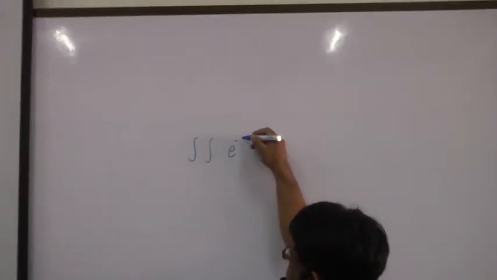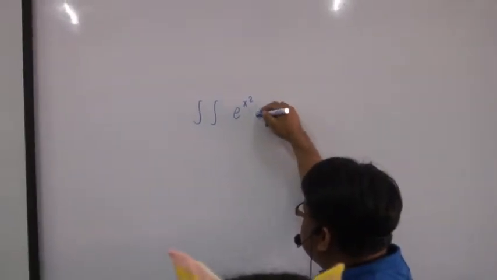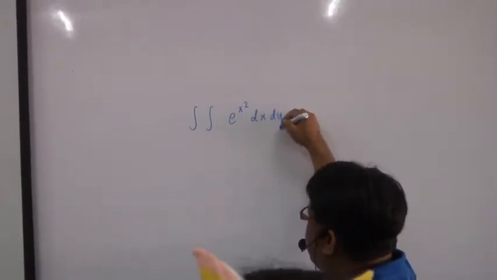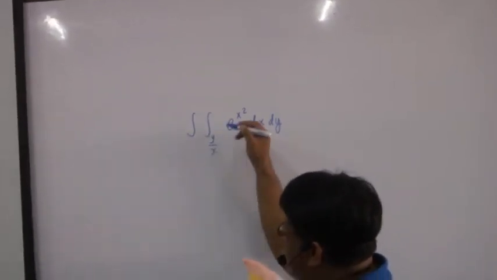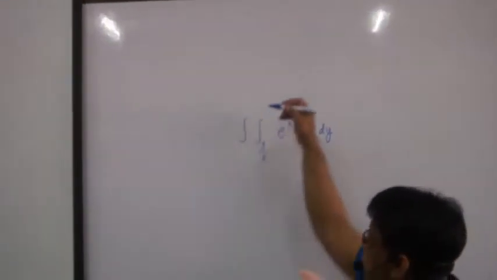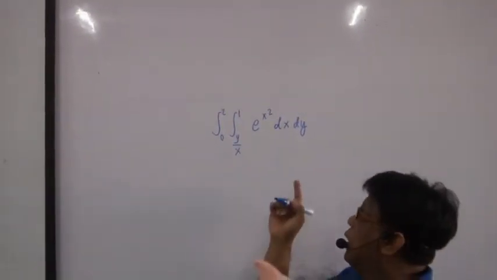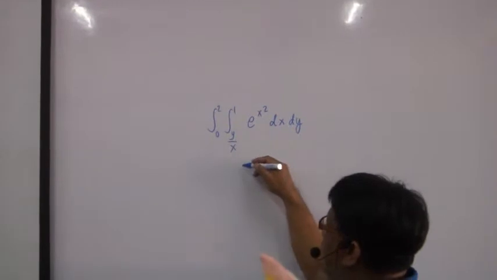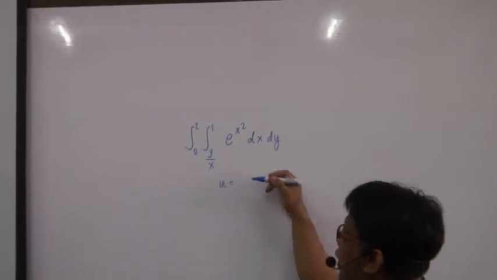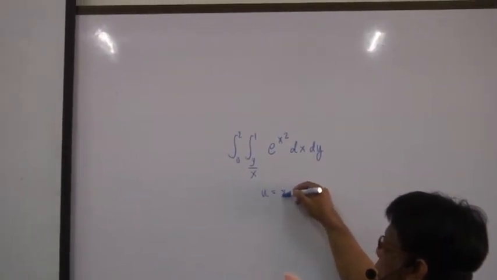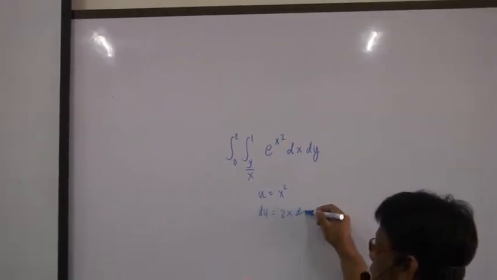Double integral of e raised to x squared dx dy, with x from y over 2 to 1 and y from 0. Okay, so we're going to define the u here. We have identified u is x squared, then getting its differential, we have 2x dx.